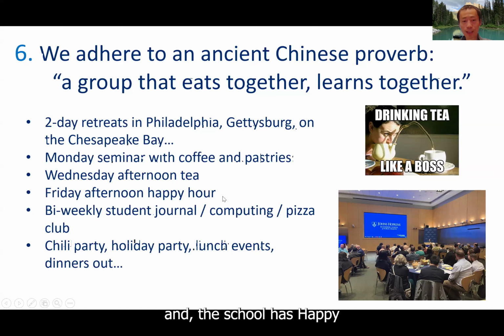And the school has happy hour Friday afternoon. The department each year has a chili party where we get together at our department chair's home and cook chilies and compete to see who has the best chili and things like that. And when we eat together, we also learn from each other in a very informal but important way.